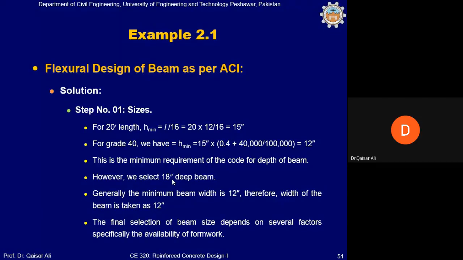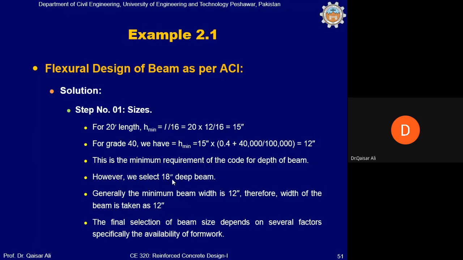You know that reinforced concrete members are prepared at the site, and the formwork must be placed before the preparation of any member of reinforced concrete. And formwork is not available of all sizes in a locality, okay? Or it is not always available.